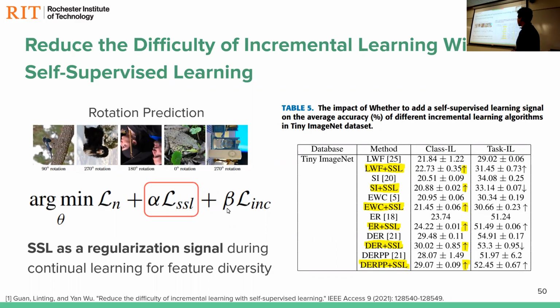I want you just to learn some features that are a bit more general. And they do that with this rotation prediction. And in the table on the right, they show that if you pair that with different methods that do continual learning, like LwF or EWC, or even replay-based methods like experience replay, you always get gains in performance by just plugging in this rotation prediction task.